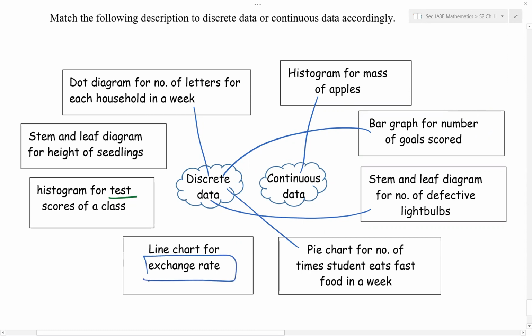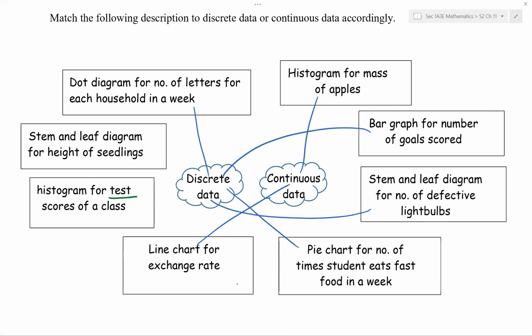Money exchange, if you've been to a money changer, you see that there are usually many decimals displayed for the exchange. And they don't necessarily have to be in any fixed options. So that is an example of continuous data. The exchange can be anything.